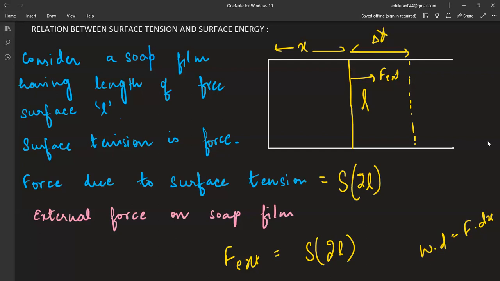Ma'am, how did we get force equals S into L? See, surface tension is equal to force per unit length. Yes, ma'am. So force will be equal to surface tension into length. Fine. Okay, ma'am.